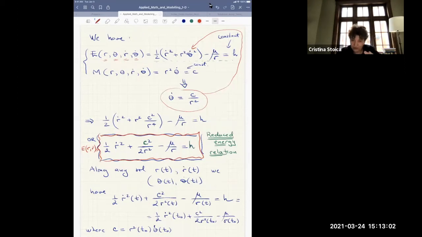Before moving on, let's see what I was saying here. Discuss the range of motion in two cases, c equals 0 and c not equal to 0. The range of motion comes from this guy.